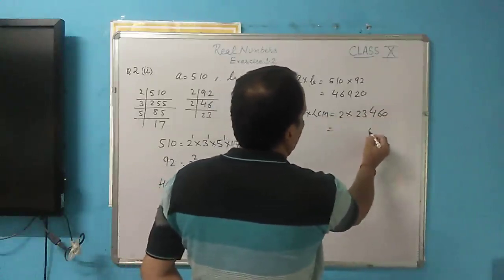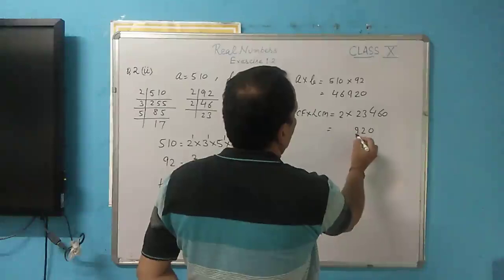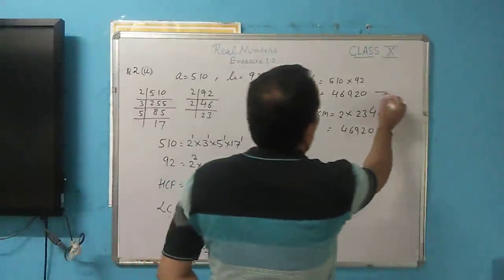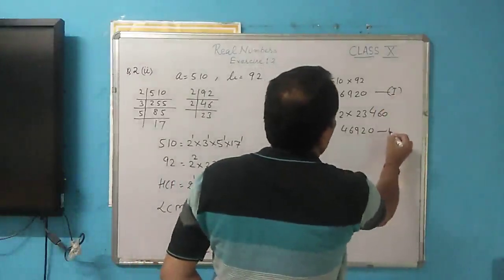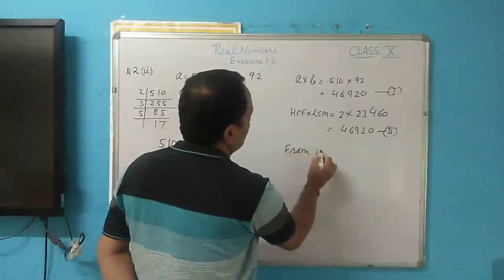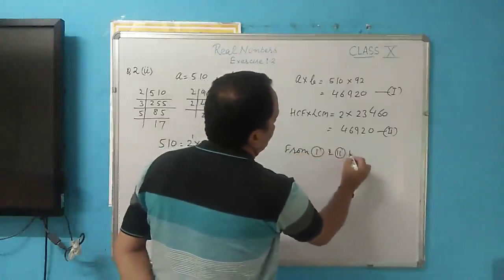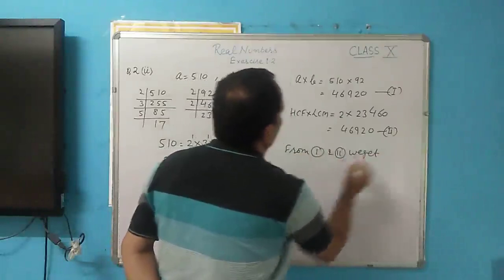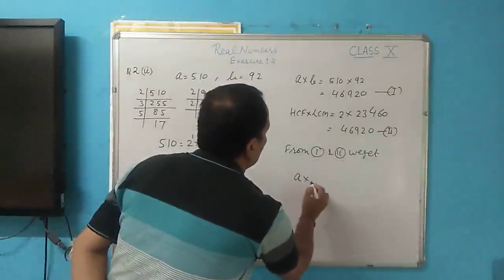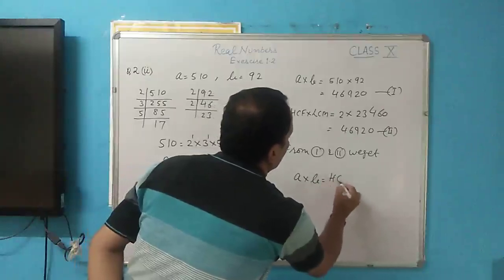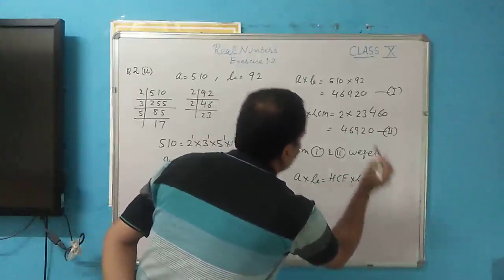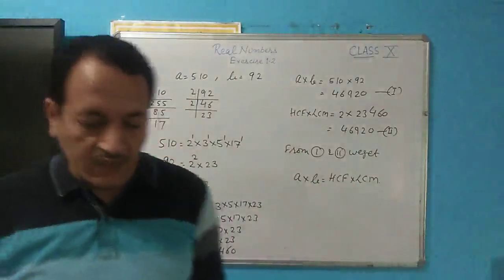Now multiply. If we compare the first equation with the second, from the first and second we get A into B is equal to HCF into LCM. So this relationship is verified.